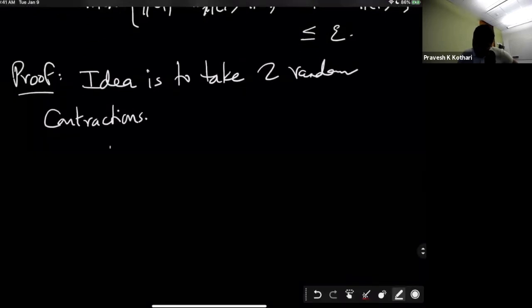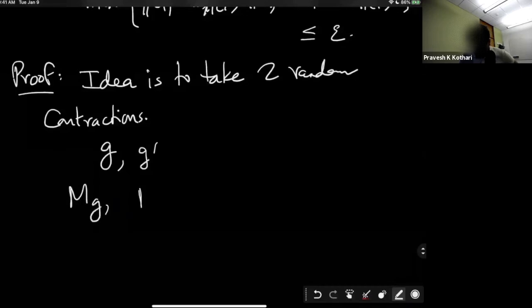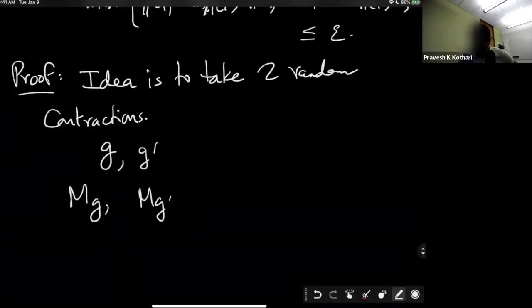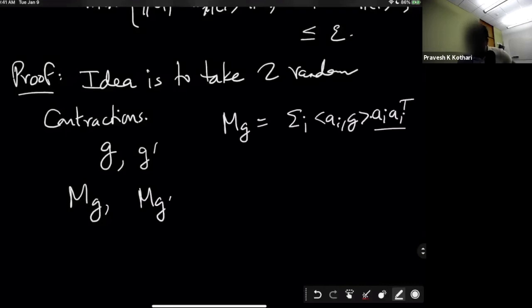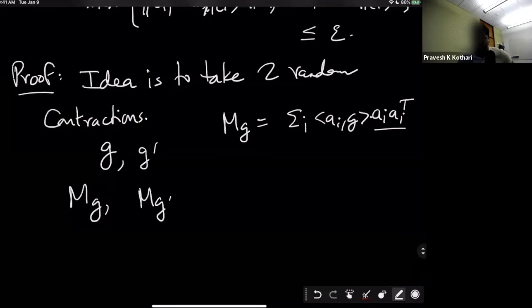So let's say you took two random Gaussians, g and g prime, and you computed M sub g and M sub g prime, where M sub g, remember, is the same object that we looked at earlier. We saw that we can compute it. Now, what's true about M sub g and M sub g prime? This time, the a_i are no longer eigenvectors of M sub g, so you can't quite do eigendecomposition of M sub g to recover the a_i. It's just some rank one decomposition now because the a_i are not orthonormal. Good. But you have two of those.